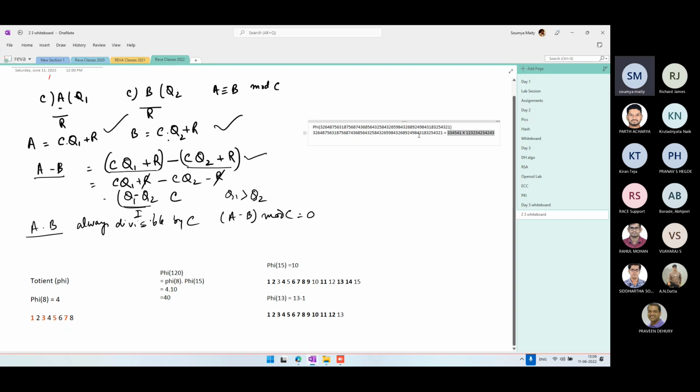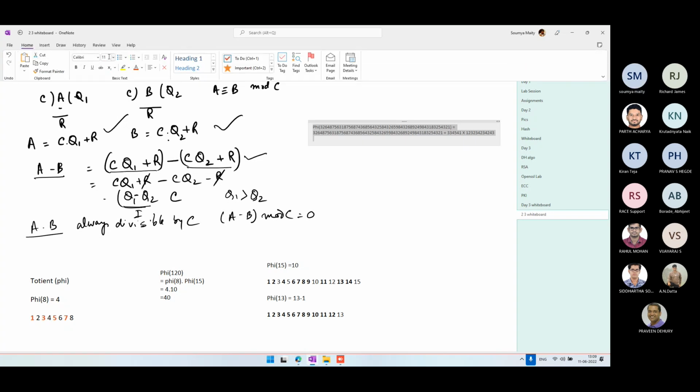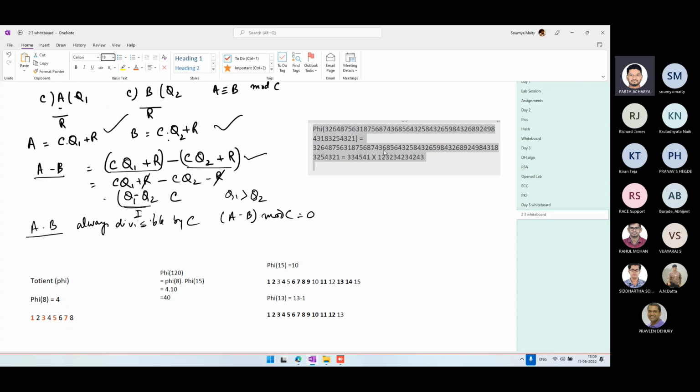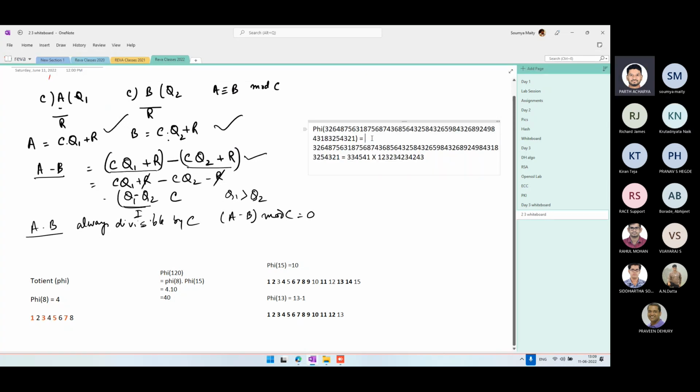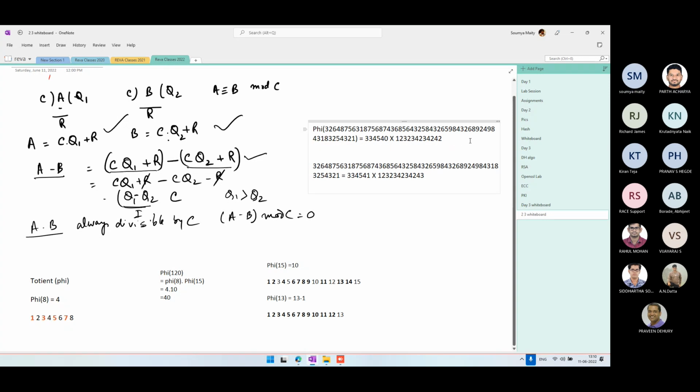If I multiply these two prime numbers, it will give this number. Then what will be phi of this? Tell me, somebody. The first number minus 1 into second number minus 1. Exactly. So 3, 3, 4, 5, 0, 4540. Do copy paste. This is the number, whatever it is. It is very right.